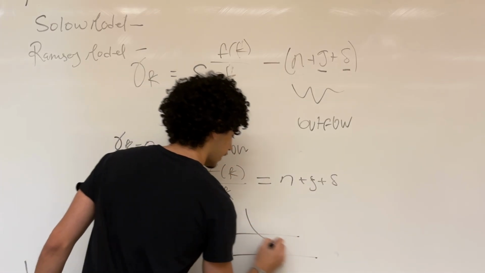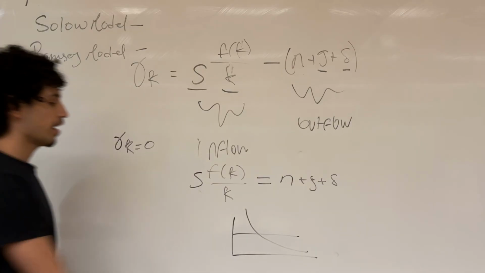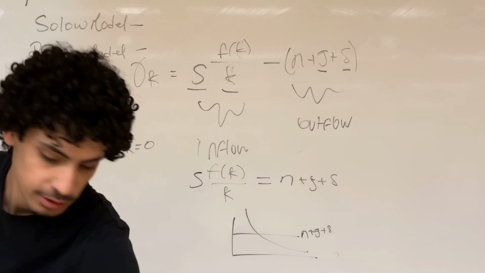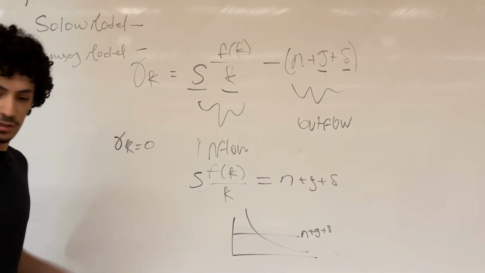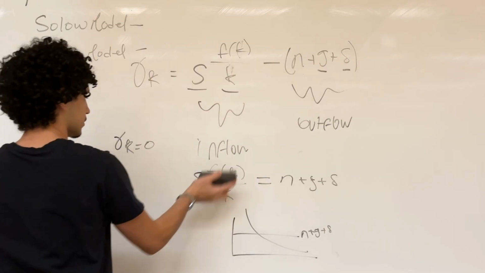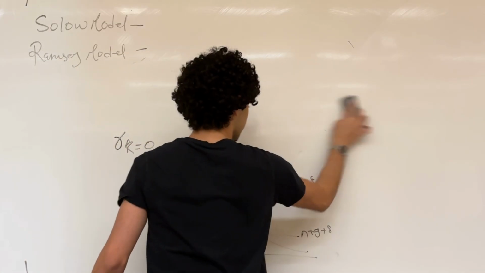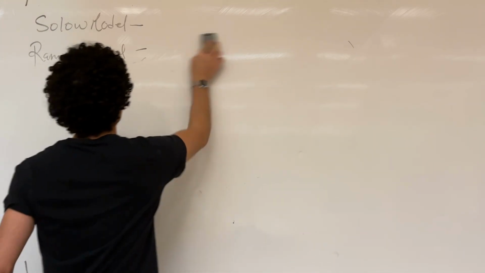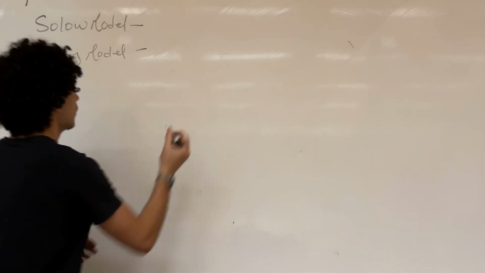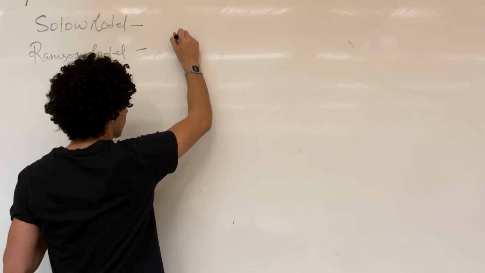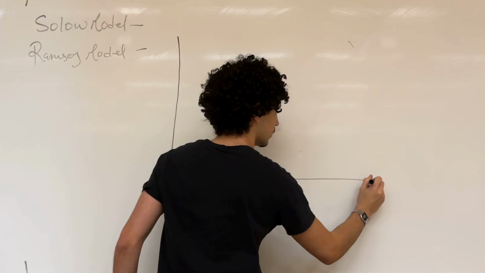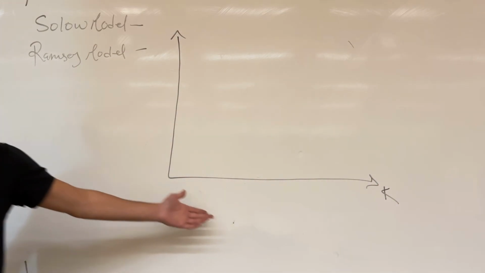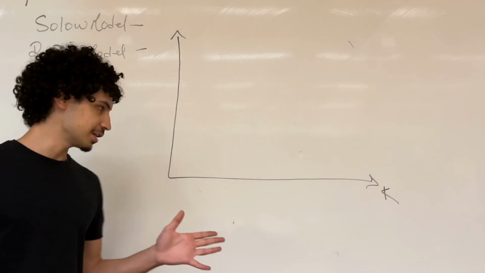We have a line and another line. Right here we have N plus G plus delta. This is important, so let me redo this. We like graphs because they visualize things.